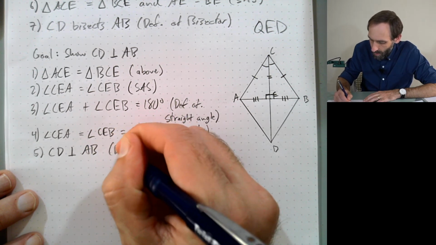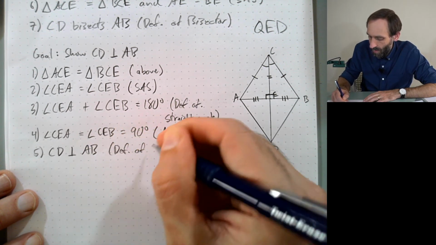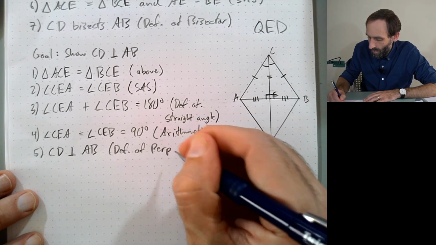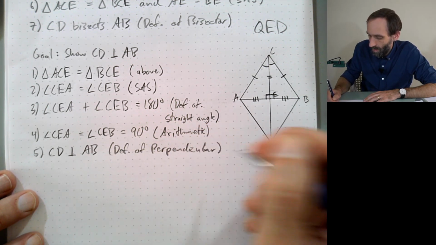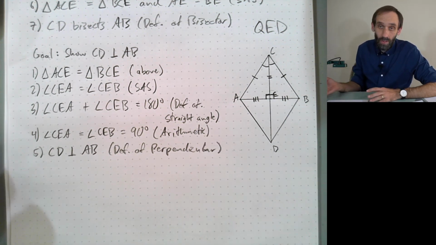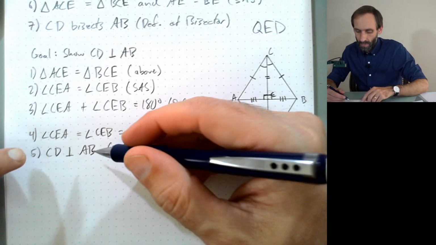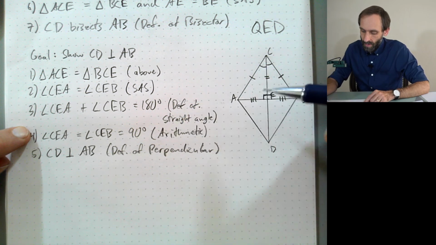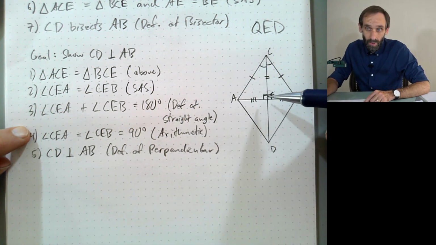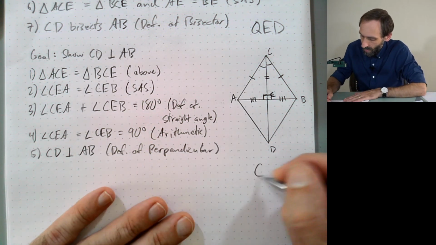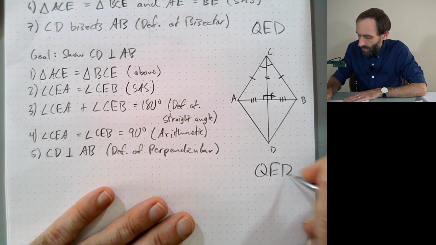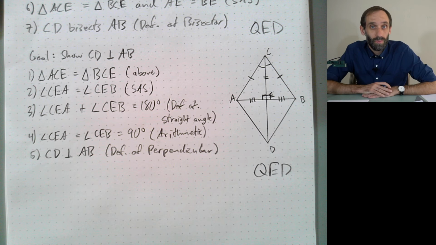And that's by the definition of perpendicular. Okay, and we're done because our goal was to show that they were perpendicular, and because they're at a 90-degree angle to each other, the definition of perpendicular says that they are perpendicular. So once again, I finished part 2 of this proof.